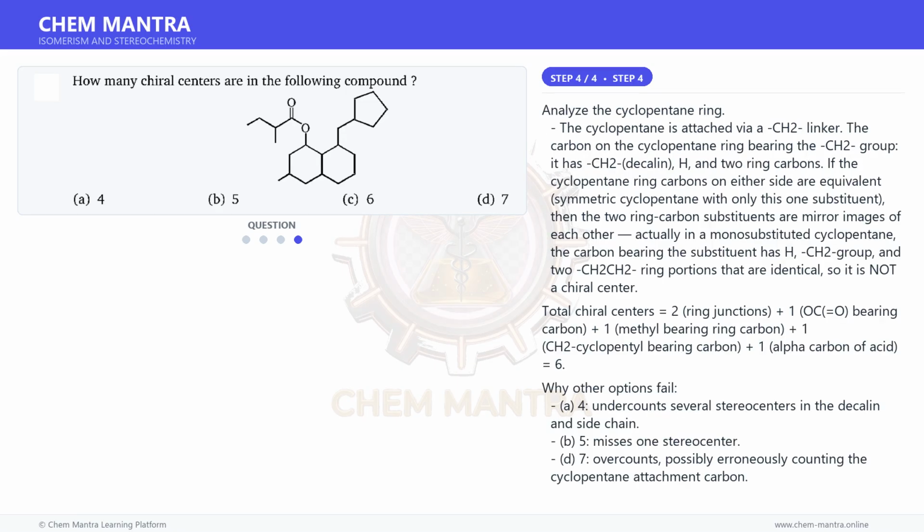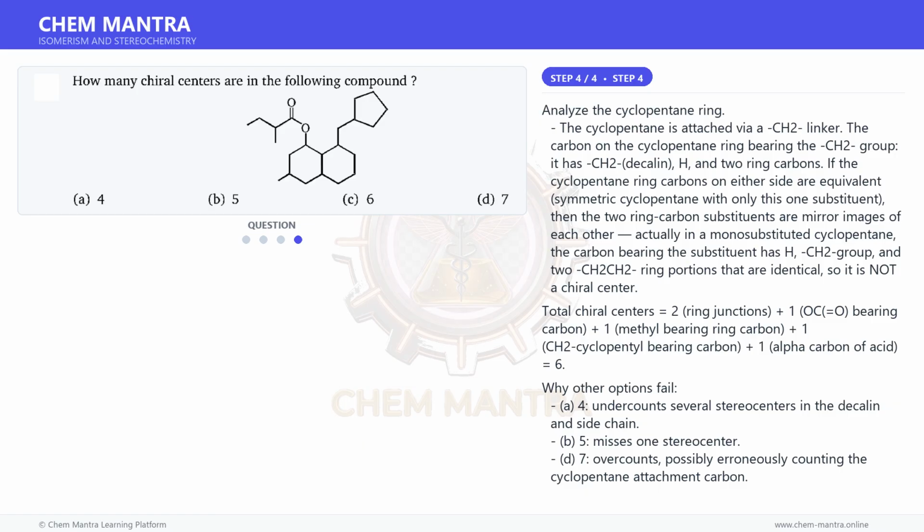And for the final step, analyze the cyclopentane ring. The cyclopentane is attached via a CH2 linker. The carbon on the cyclopentane ring bearing the CH2 group has CH2 decalin, H, and 2 ring carbons.